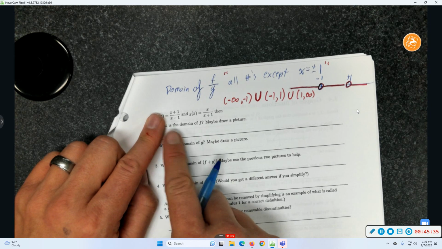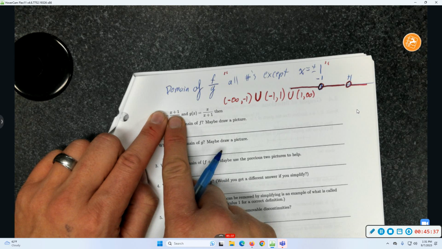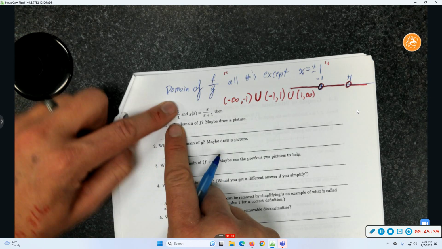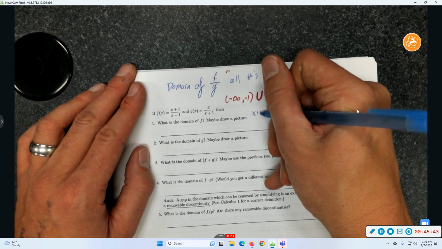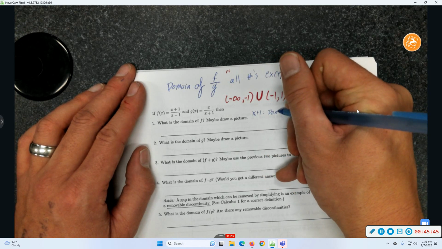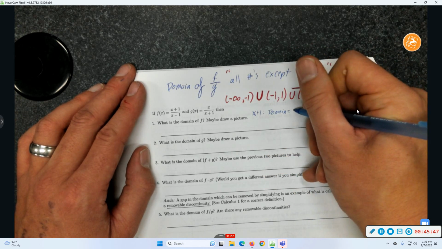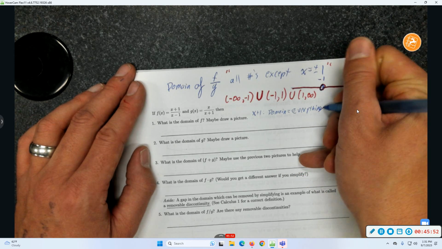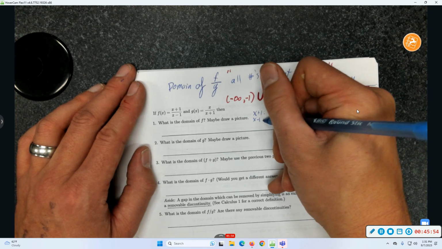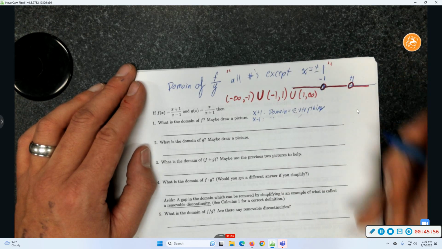The domain of f. F is already a quotient. X plus 1 is fine. It doesn't have any gaps in the domain. If you just saw x minus 1, there are no gaps in the domain. So if you just look at the top, it looks like the domain is everything. X minus 1, just look at the bottom. The domain looks like it's everything.